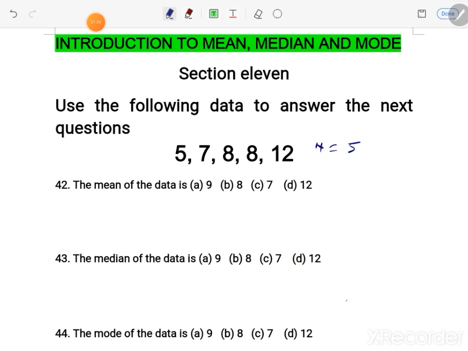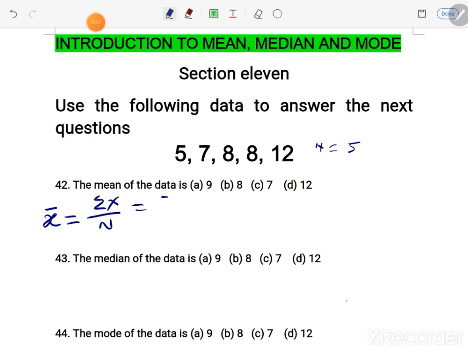Now, the mean, let's go straight to our calculation. The mean is given by x bar equal to summation x over n. And summation x simply means we add all these scores: 5, 7, 8, 8, 12.